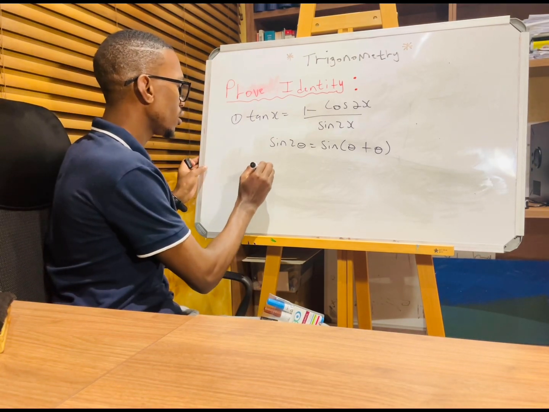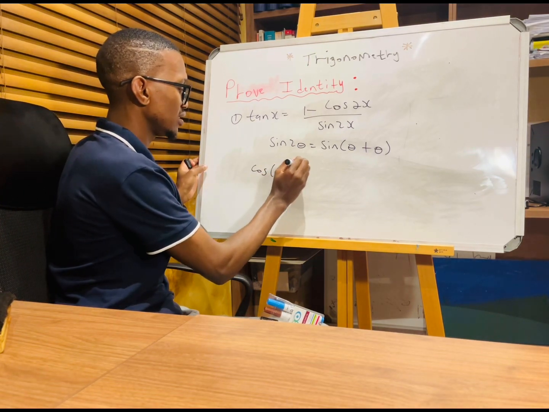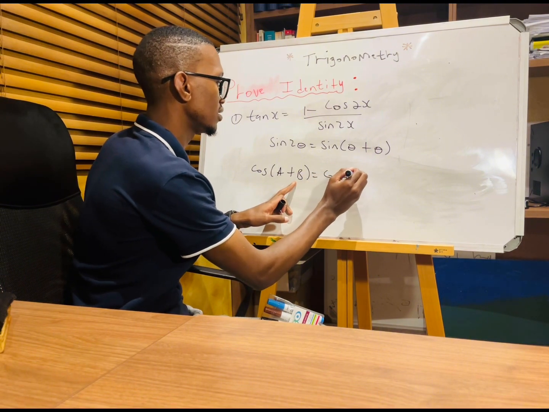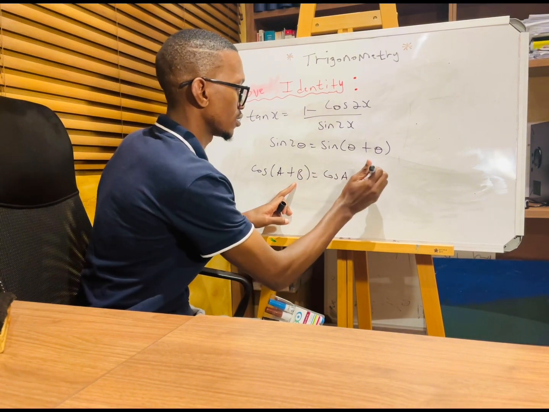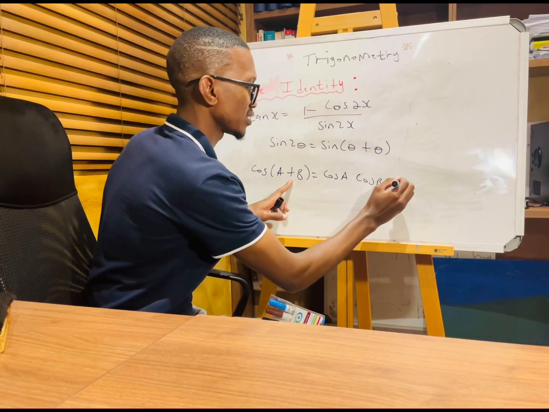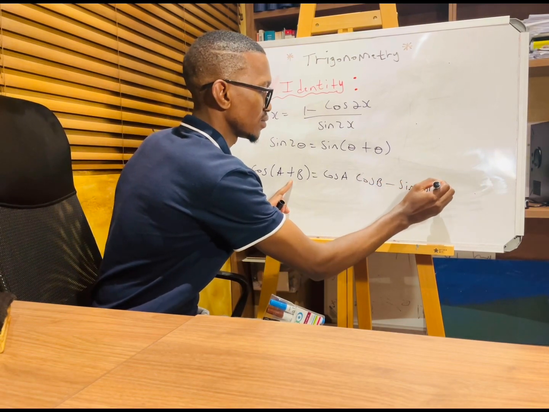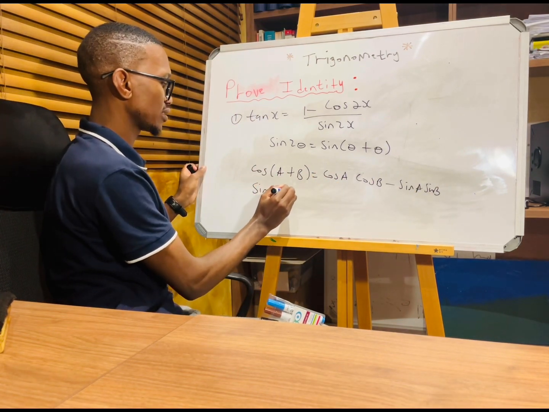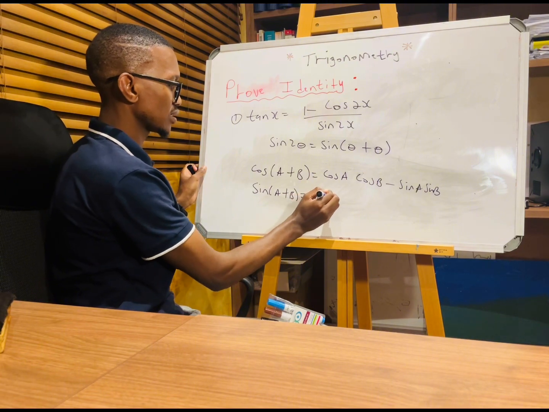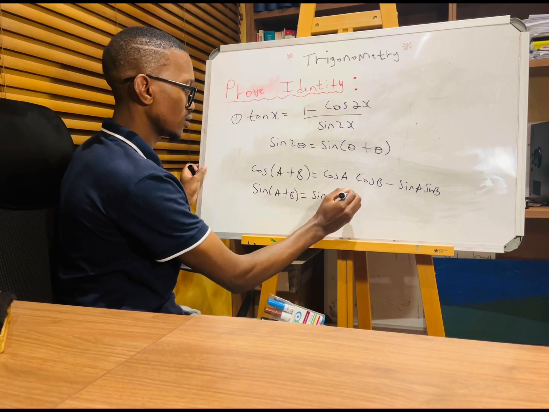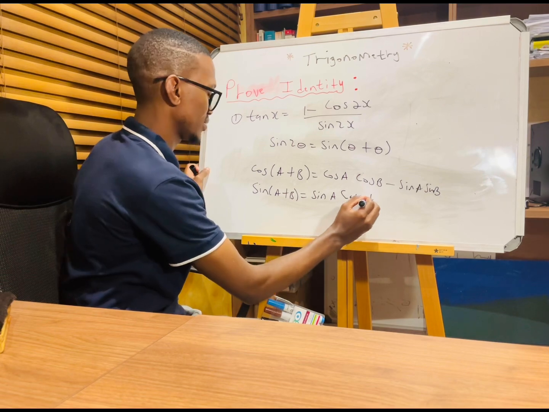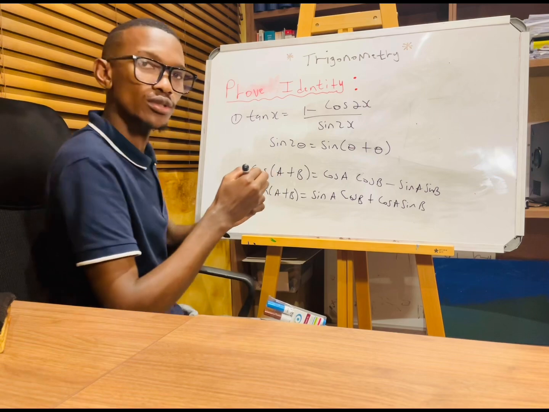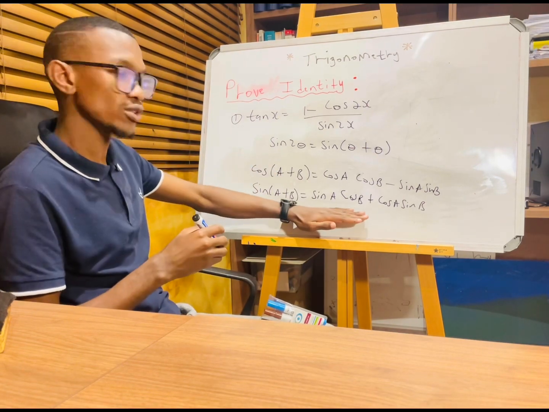If you're having cos of A plus B, this is the same as cos A cos B, and if it's plus, it's minus sine A sine B. If you're having sine A plus B, this is the same as sine A cos B plus cos A sine B. Now the goal is for you guys to focus on this one here at the bottom.